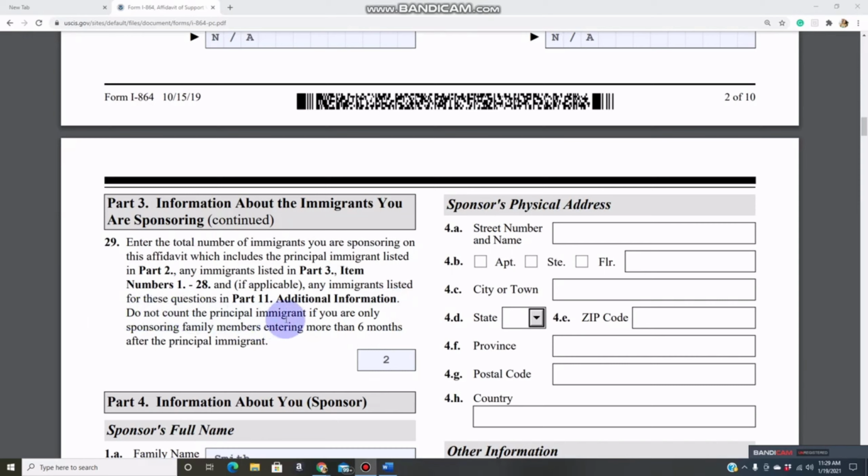Do not count the principal immigrant if you are only sponsoring family members entering more than 6 months after the principal immigrant. So in this part, I write down 2 since my husband is sponsoring me and my daughter at the same time. But if your husband, petitioner, or co-sponsor is just sponsoring your K2, you must write down the total number of your derivative applicants or K2s that are being sponsored.